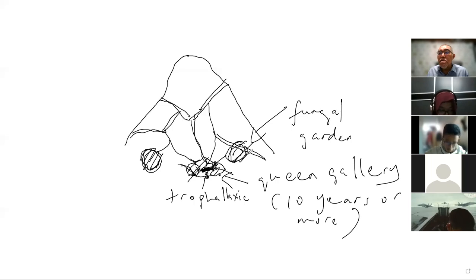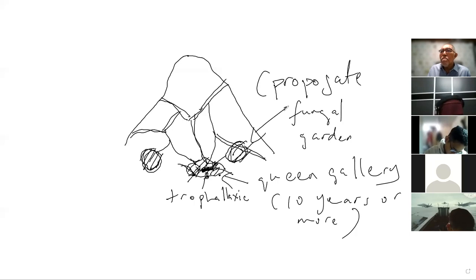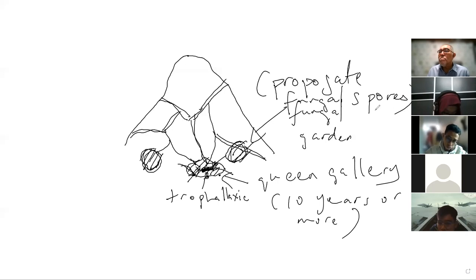It's called the fungal garden, or they propagate fungal spores. And if you look at the PowerPoint that I put up in the Putra Blast system, okay, there is a slide on the fungal garden.